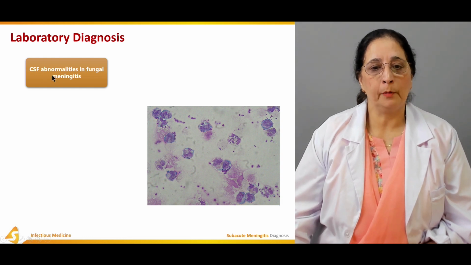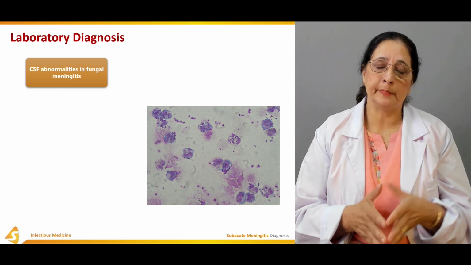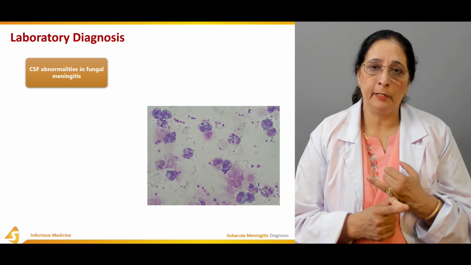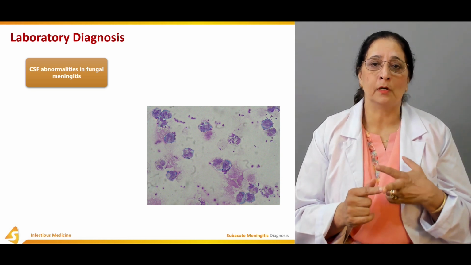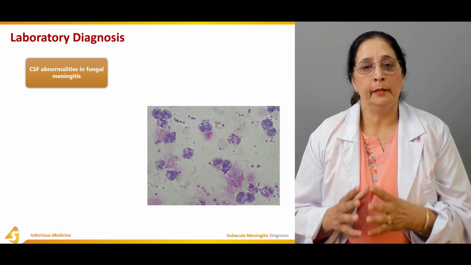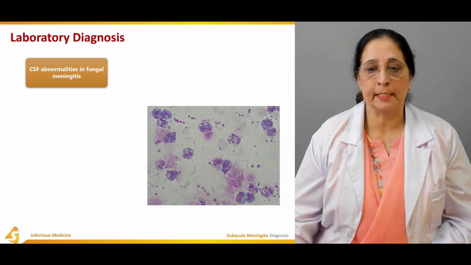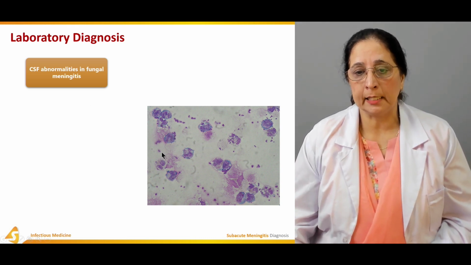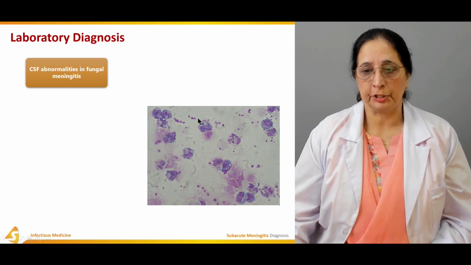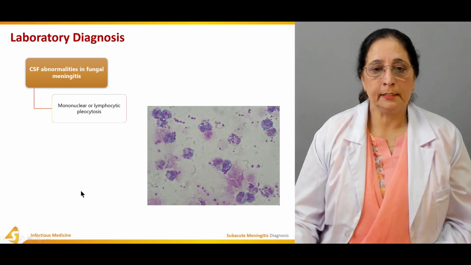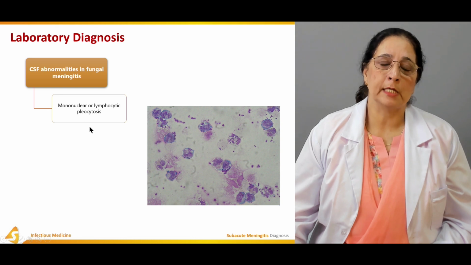Cerebrospinal fluid abnormalities now in fungal meningitis. So we talked about tuberculous meningitis: lymphocytic pleocytosis, increased protein, decreased glucose concentration. Now what are the findings in fungal meningitis? And that's the histological picture of fungal infection. In this, there is mononuclear or lymphocytic pleocytosis.